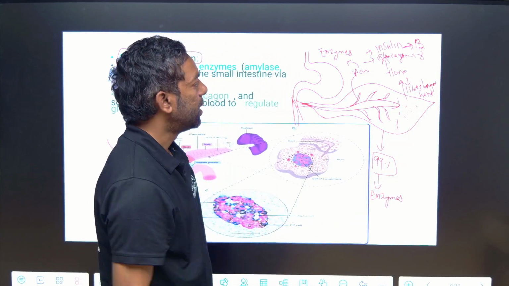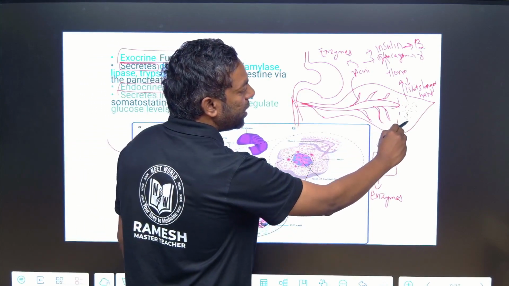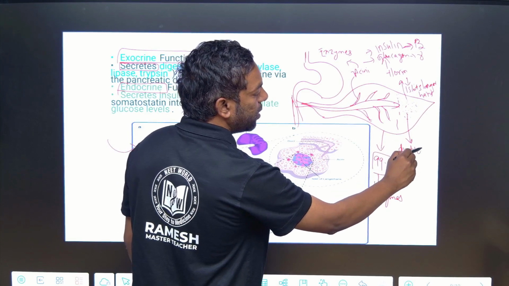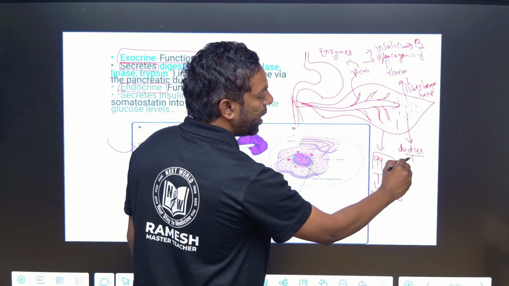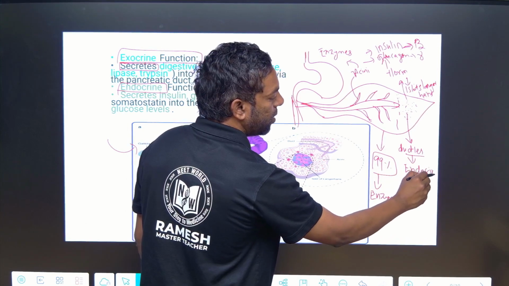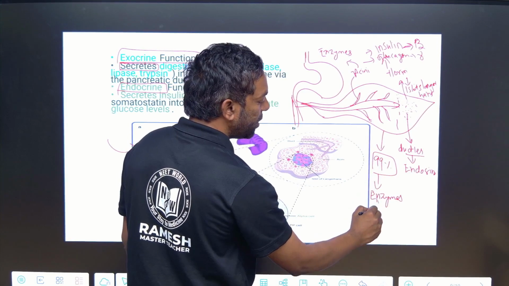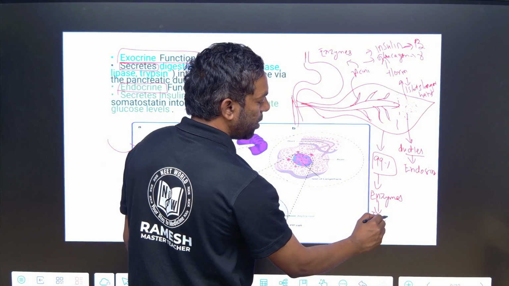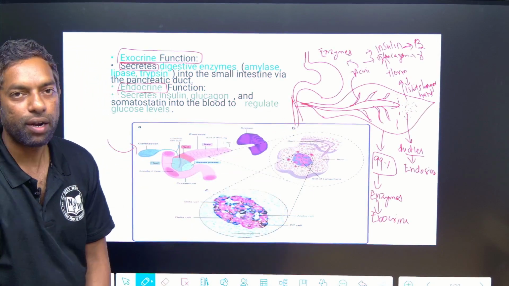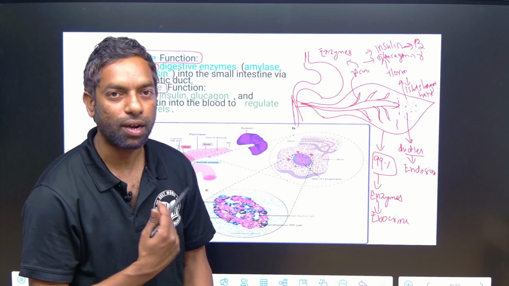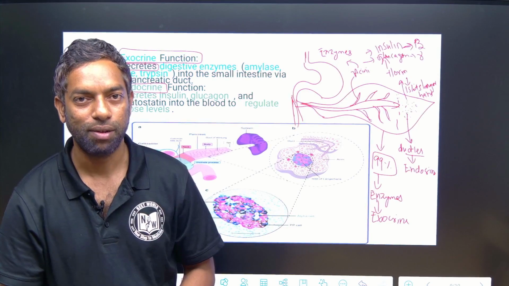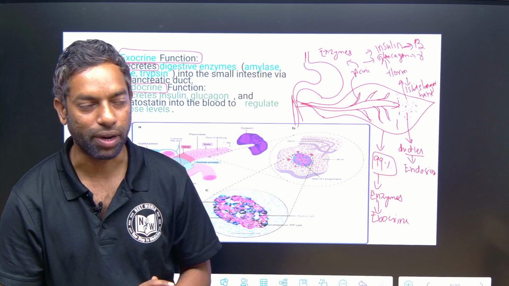Okay? So this 1% is ductless, meaning endocrine. This is the duct, meaning exocrine. So endocrine activity is there and exocrine activity is there in the pancreas. Does it mean it is a mixed gland, endocrine and exocrine?